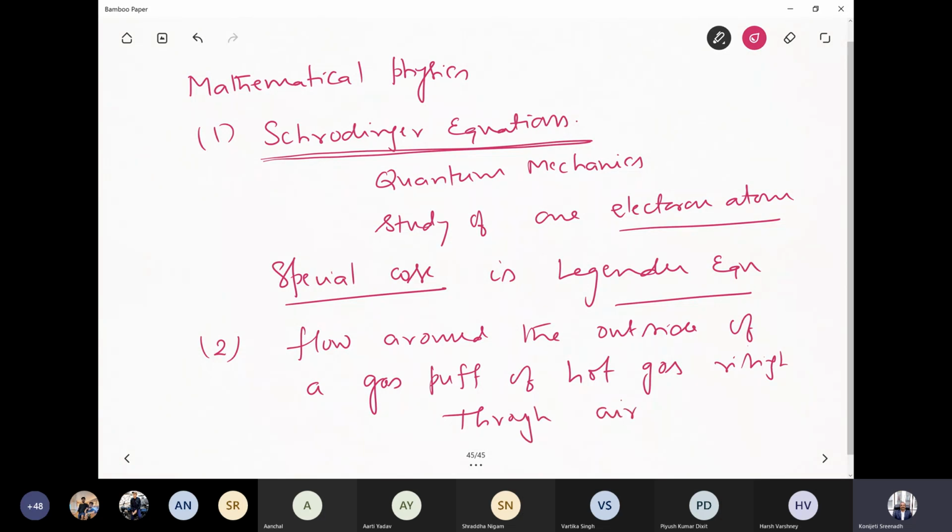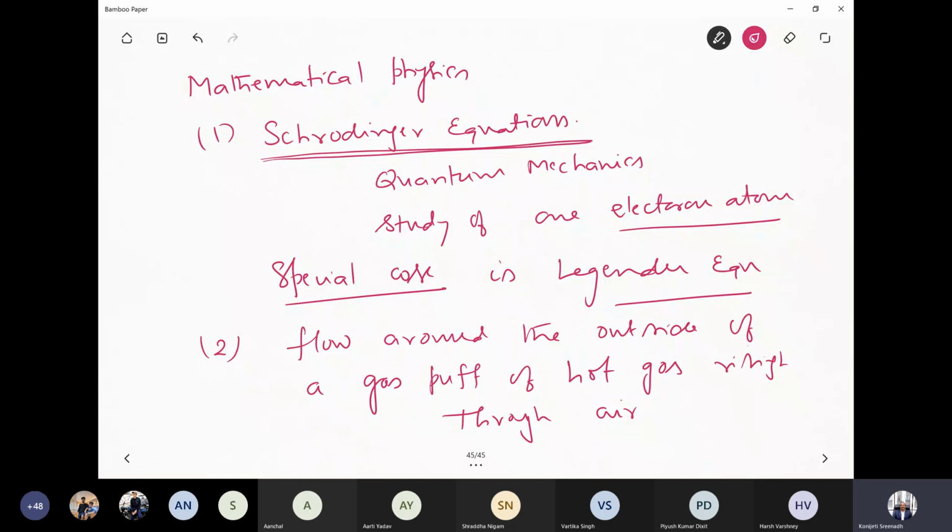So these are some of the mathematical models where you get equations, though you won't get the Legendre equation directly, because these models are three-dimensional. If you look at the gas puff, it is going to be a three-dimensional model. There will be x, y, z, three variables. So what you get there is a partial differential equation.